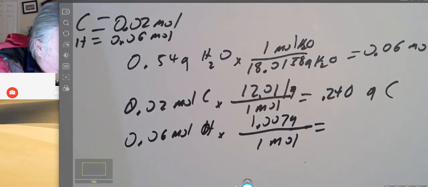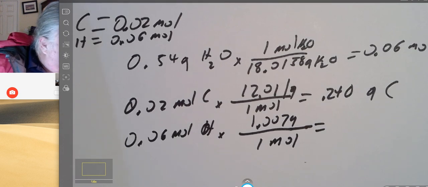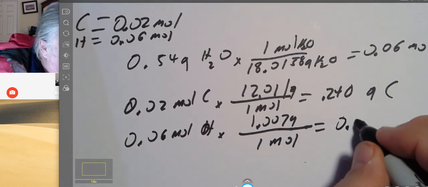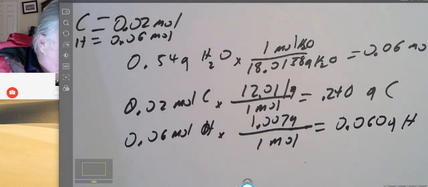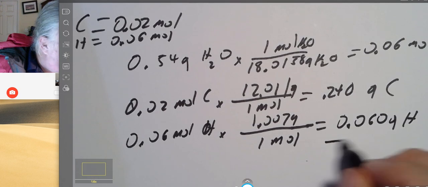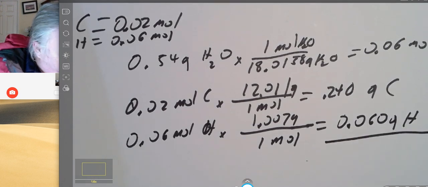Let's clear that out. 0.06 times 1.0079, and that's going to equal 0.060 grams of hydrogen.